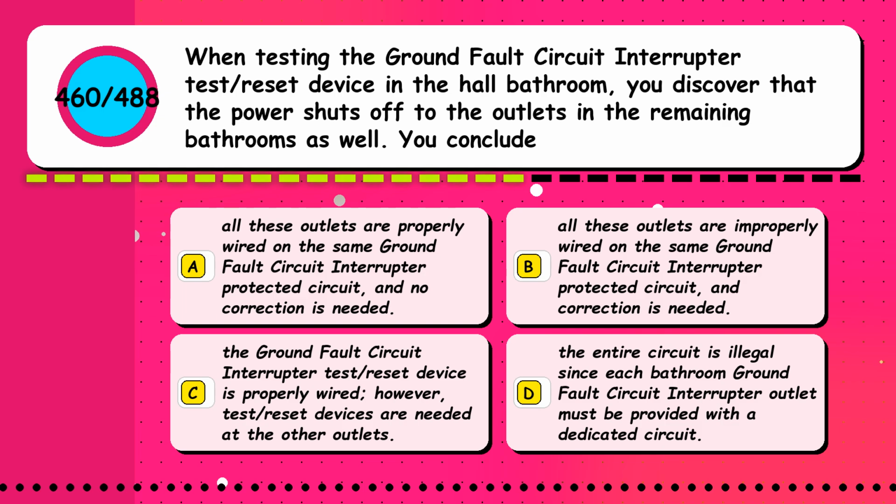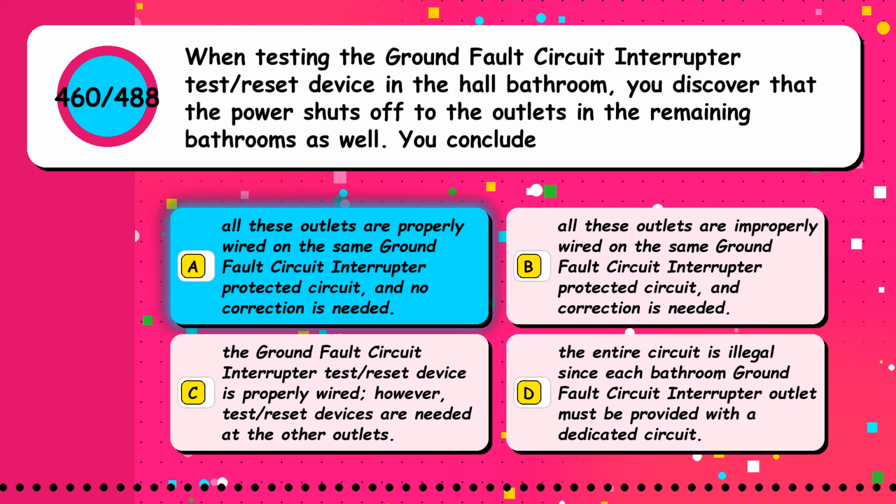Option C, the test/reset device is properly wired, however, test/reset devices are needed at the other outlets. Option D, the entire circuit is illegal since each bathroom ground fault circuit interrupter outlet must be provided with a dedicated circuit.